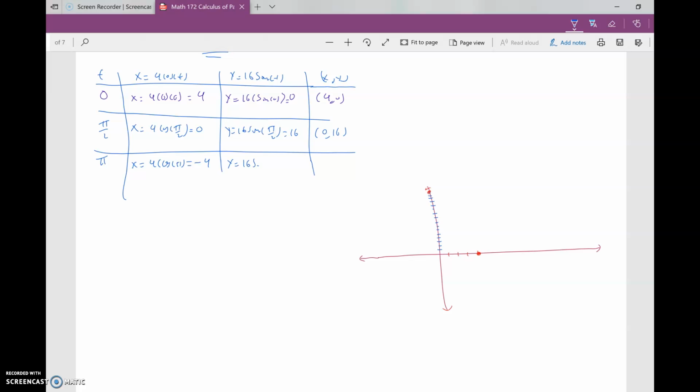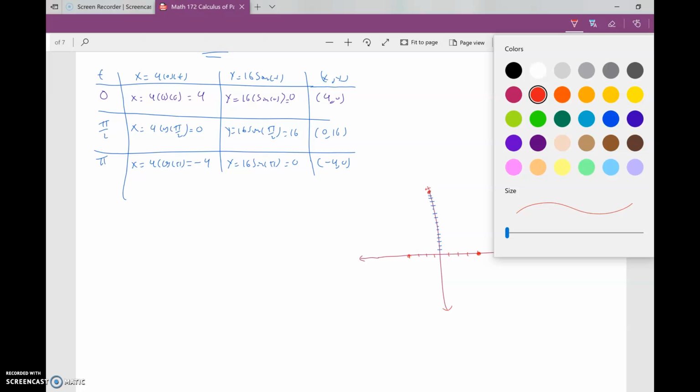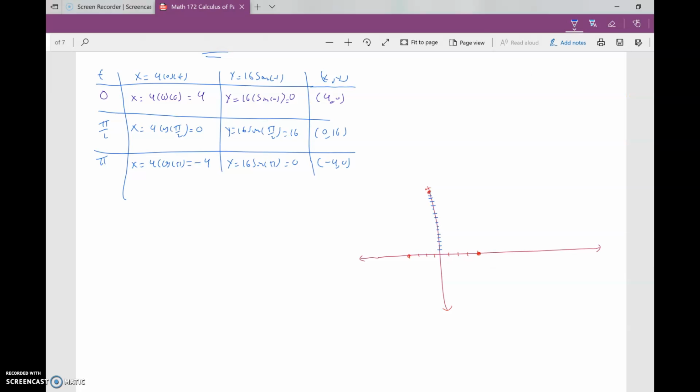And y is equal to 16 sine of pi, which is equal to 0. So -4 comma 0. So 1, 2, 3, 4. And let me just complete this one. So this is also going to be at negative 16. So 16, -16, and not to scale, but this is an ellipse going in this direction.